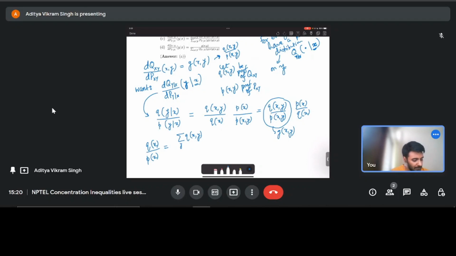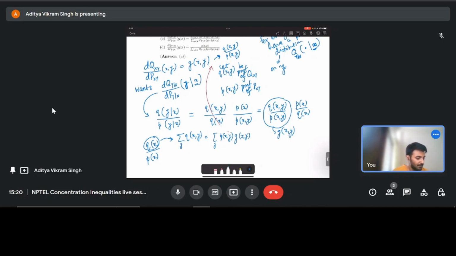Let me just say q(x) is the summation over y of q(x, y), which can also be written as p(x, y) into g(x, y), right? And this is from here.